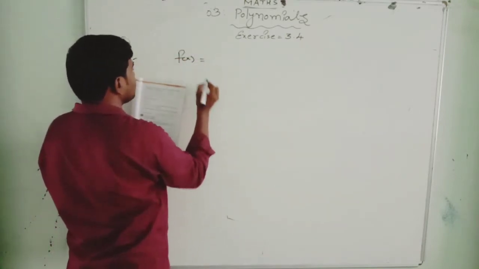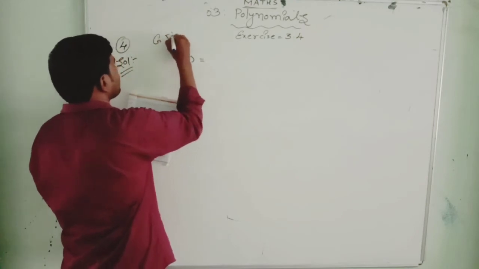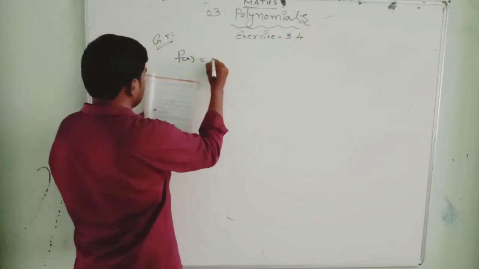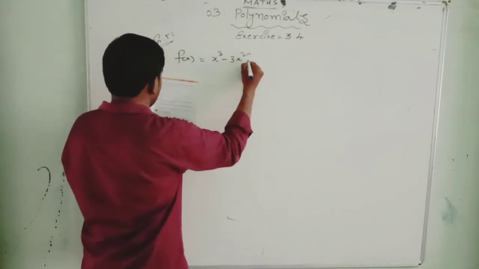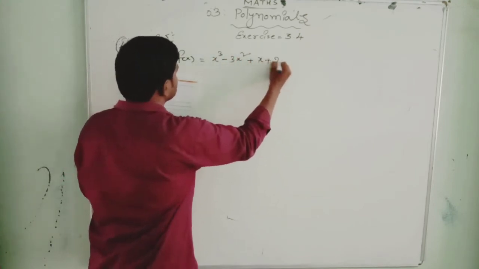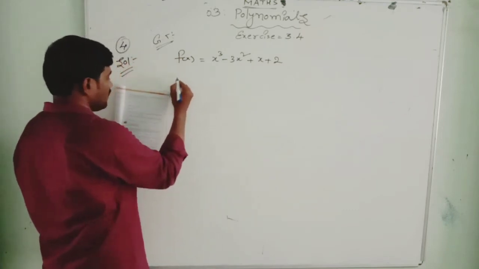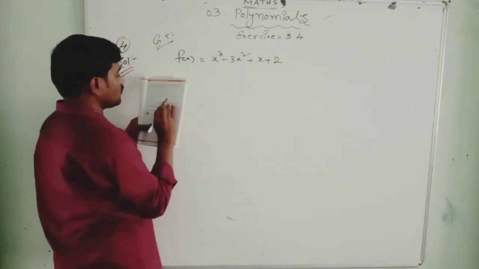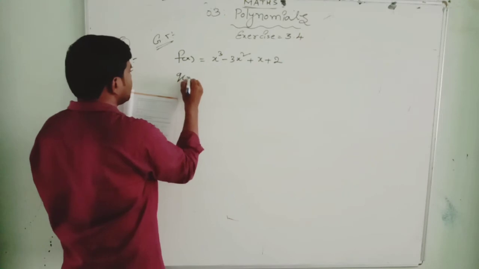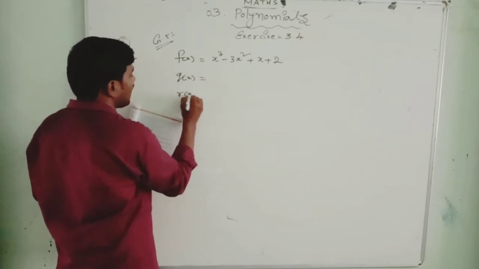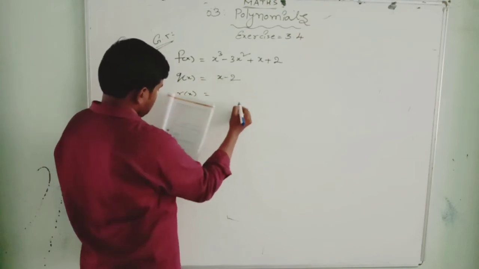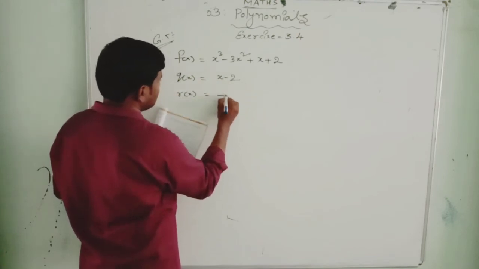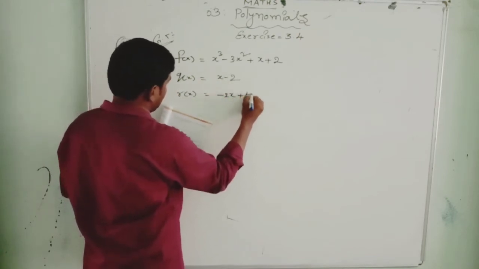The f of x equal to x cube minus 3x square plus x plus 2 is given. Then the quotient q of x and remainder r of x are given. Quotient is x minus 2. The remainder is minus 2x plus 4.